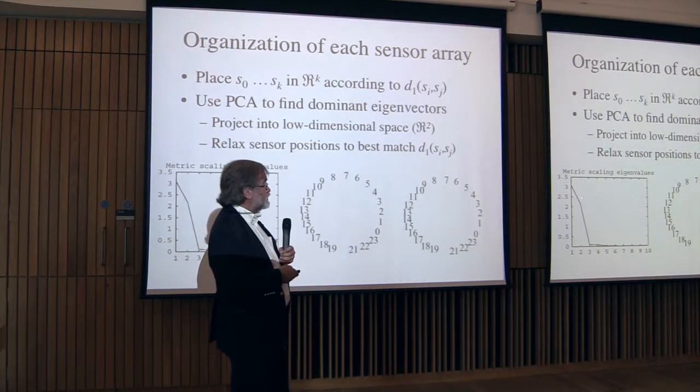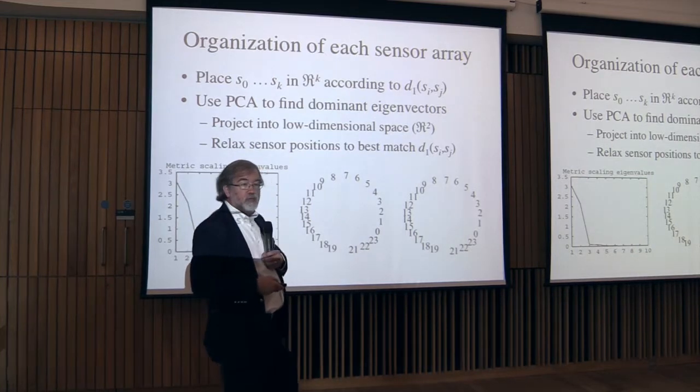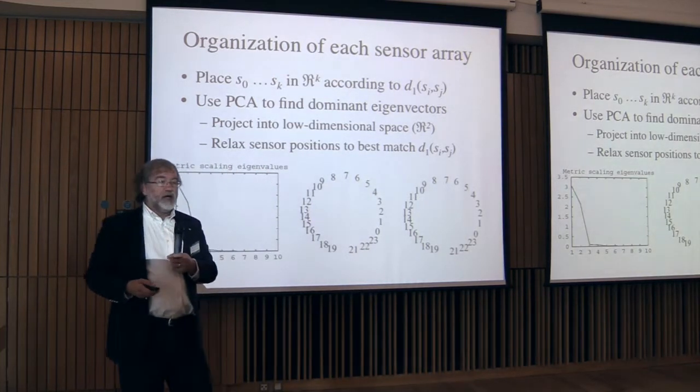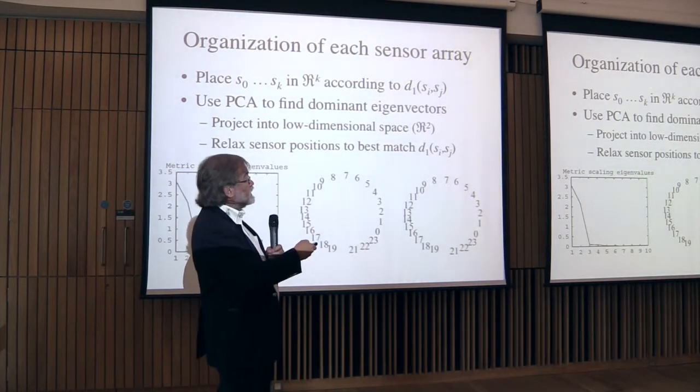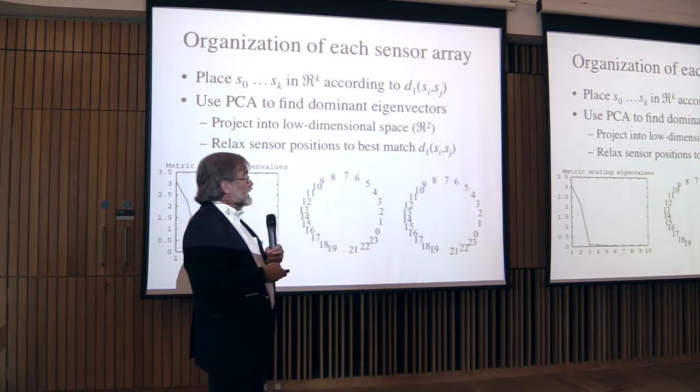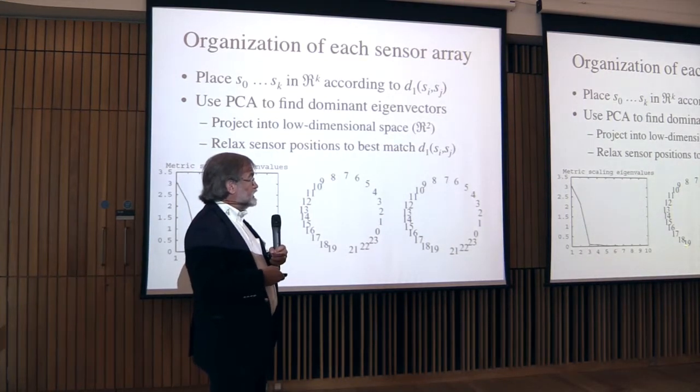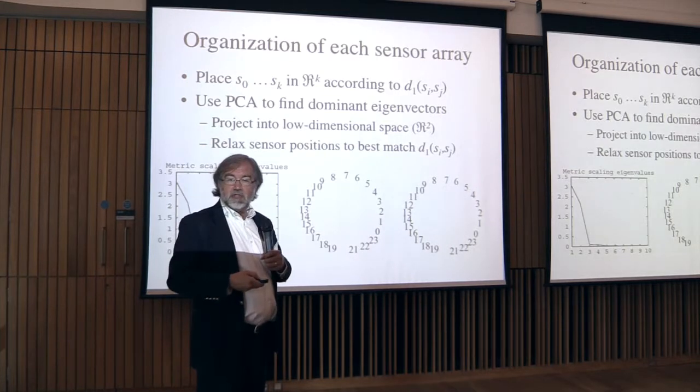And so the first 2 eigenvalues are high, indicating that there's a lot of information in them, and the remaining ones are very small. So once I've identified this 2-dimensional space within that R^k, I can now take my sensors and project them into that 2-dimensional space.